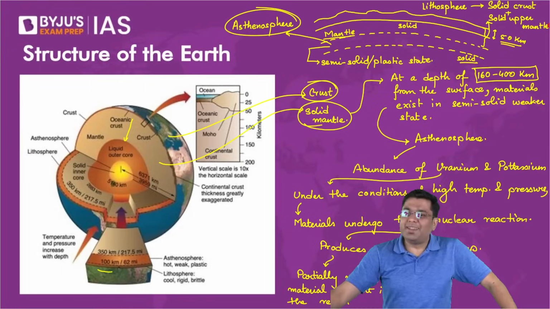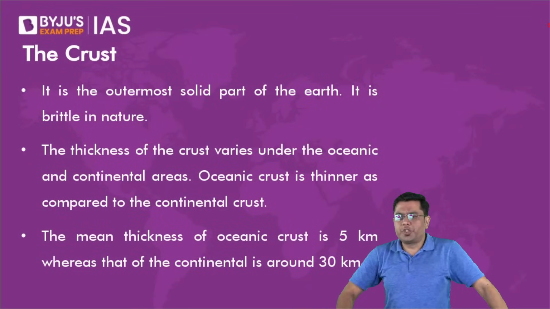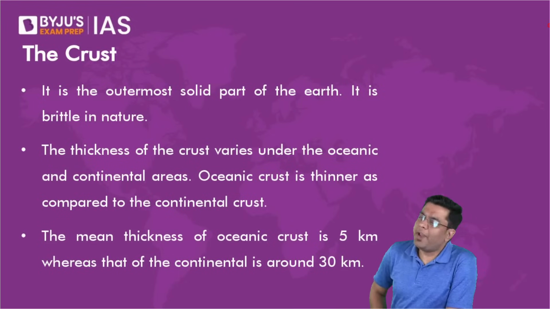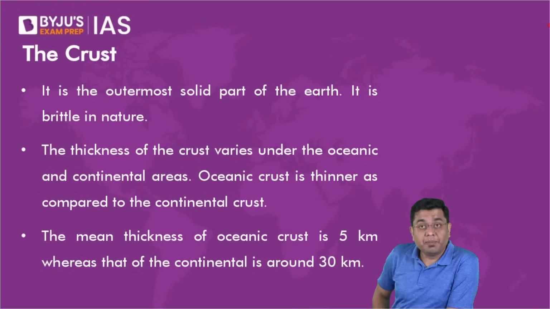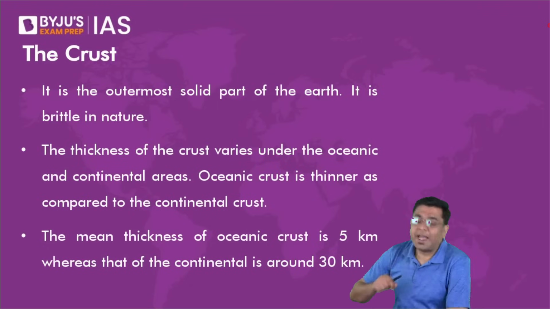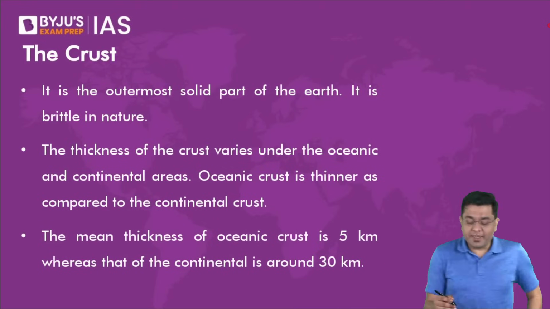Now, this is basically about the overall structure. Now, let us take a look at these individual layers one by one. And this is the written text of it. So, when we talk about crust, the solid uppermost portion, which is very brittle in nature, brittle means something which breaks easily. Whenever there is a significant amount of compression, expansion, any amount of tensional force, compressional force, it will break easily. So that is what the crust consists of.